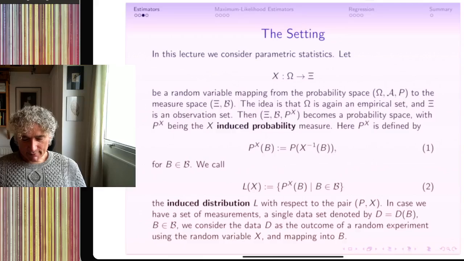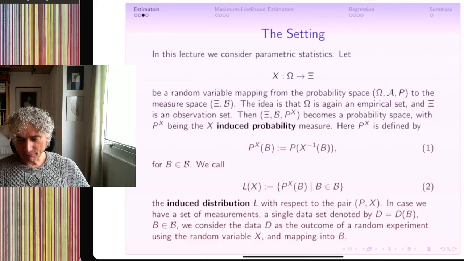Okay, now it is important to note that if you have now introduced this random variable X, with the help of that you can now also explain the data.